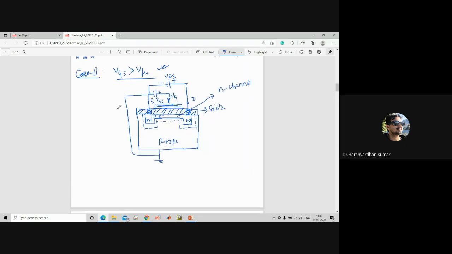So what is happening here? First point you can write, whenever VGS is greater than VTH, there will be inversion at the interface, or you can say surface, or you can say near the junction.